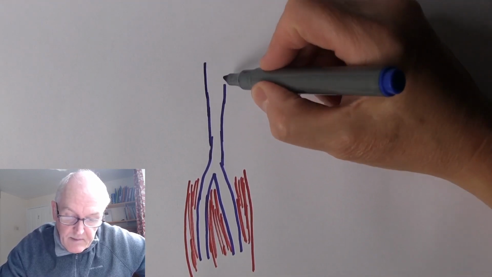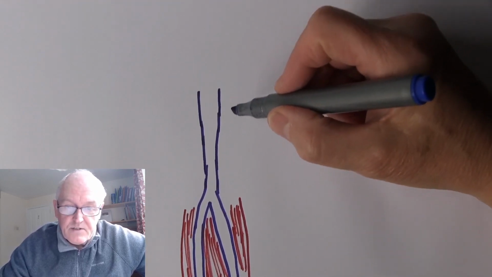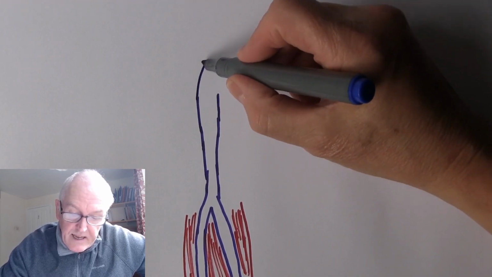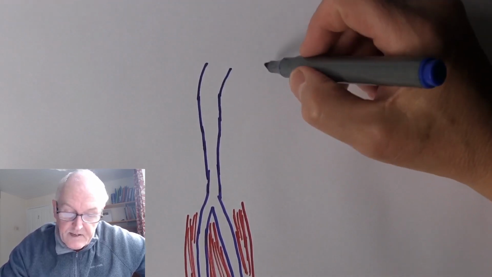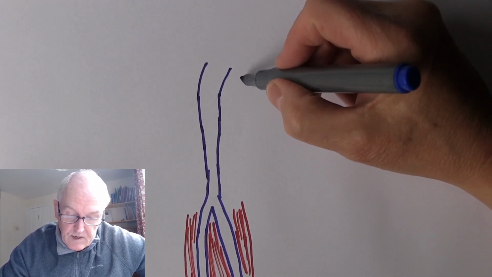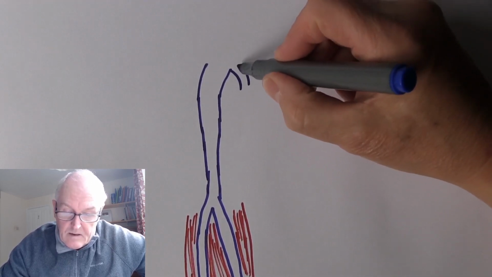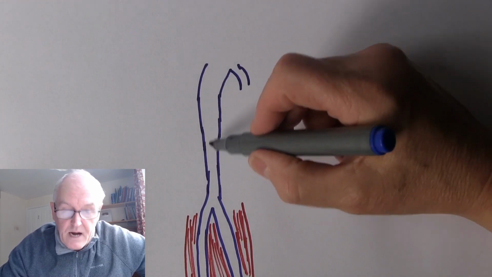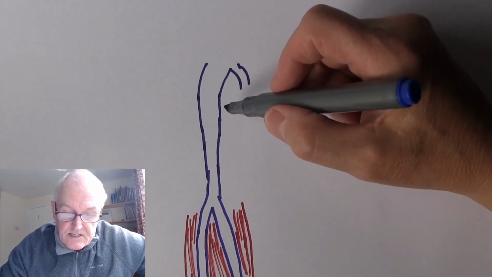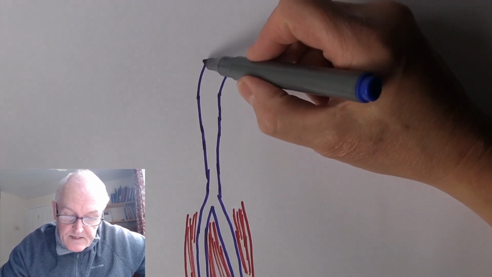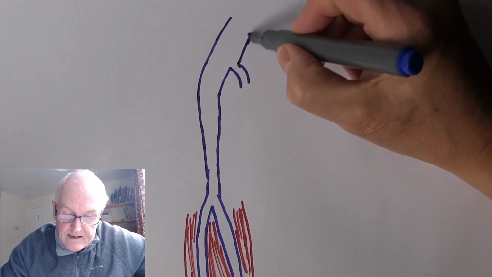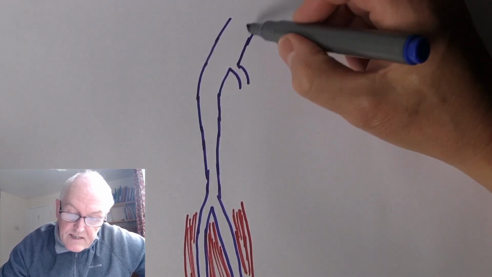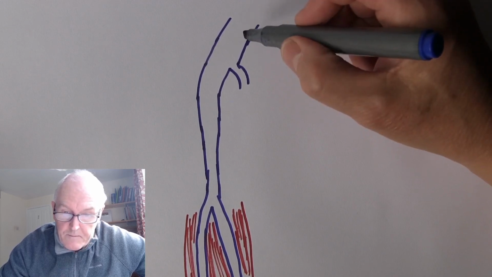And it carries on getting bigger, and it becomes the external iliac vein. The internal iliac joins about here as well. But the main one carrying the blood back from the leg is the external iliac. And this carries on into the common iliac vein. And again, we see things are getting wider as we go along.